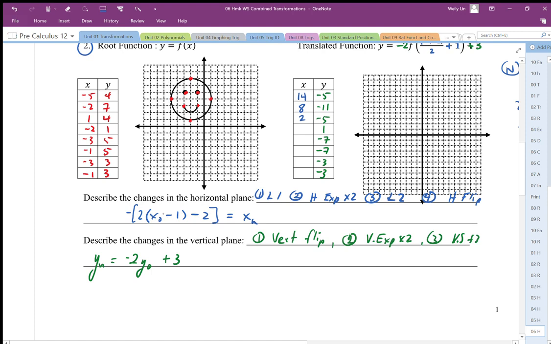Negative 3, negative 8, positive 8. Negative 3 minus 1 is negative 4, negative 8, negative 10, positive 10. Negative 1 becomes negative 2, times 2 is negative 4, minus 2 is negative 6, so that becomes positive 6.